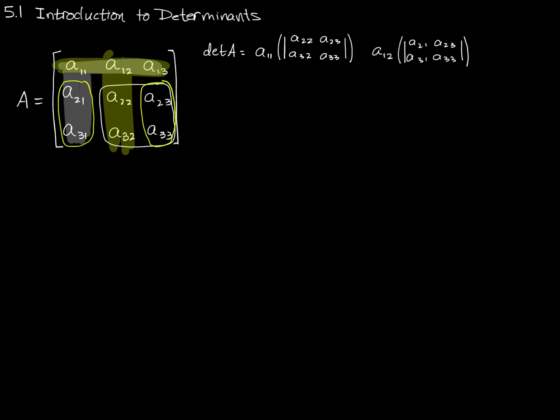The last term in this determinant is going to be determined by those two columns. What got crossed out by both of those blue highlighters was A13. I'm not going to have room to do that here, so I think I'll move that down here.